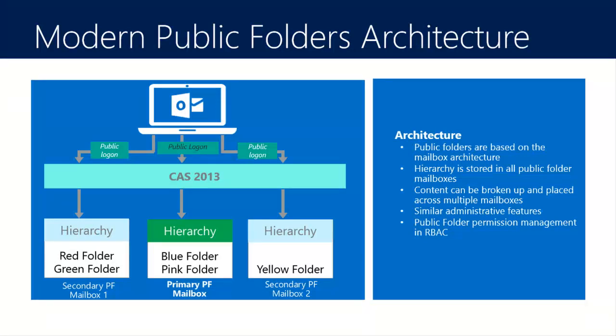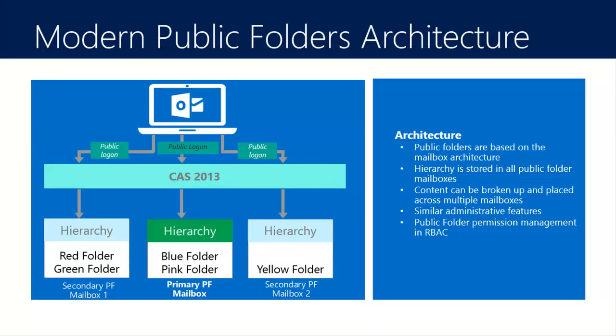That one contains the writable copy of the hierarchy, and then you'll see the other public folders that we have. On the left side, we have the one that has the hierarchy with a red and a green folder. And on the right-hand side, we have one that has the hierarchy, but also a copy of the yellow folder.